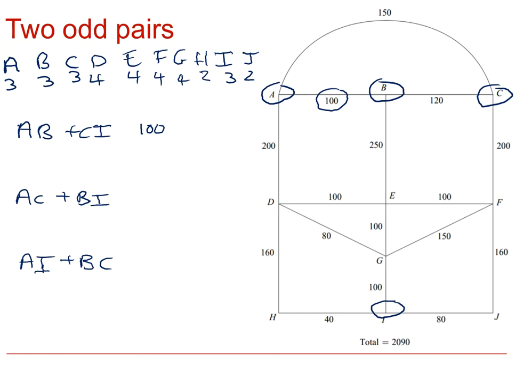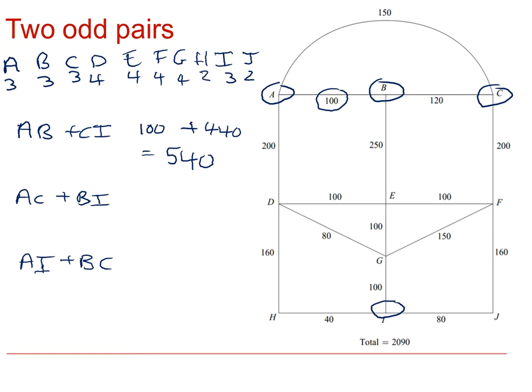Or we could go via F and J, giving us 200, 160 and 80. The shortest of these routes is to go via F and J, giving 440. And thus the extra weight of joining A and B together and then C and I together would be 540.